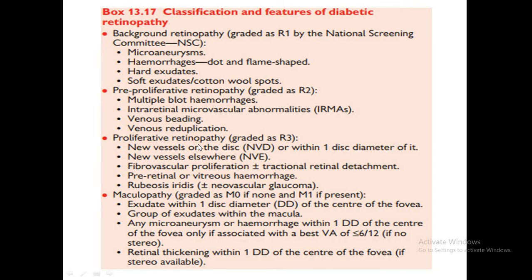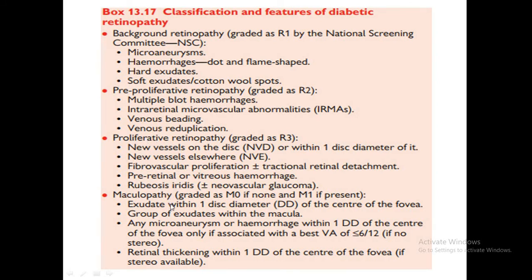In proliferative retinopathy, there are NVD and NVE. NVD means new vessels on the disc, and NVE means new vessels elsewhere. Plus there is fibrovascular proliferation with or without tractional retinal detachment, rubeosis iridis with or without glaucoma, and pre-retinal or vitreous hemorrhage. So you can see the burden increases here.